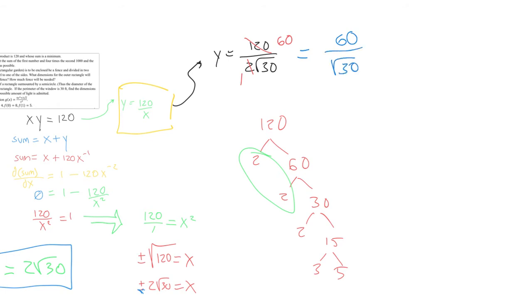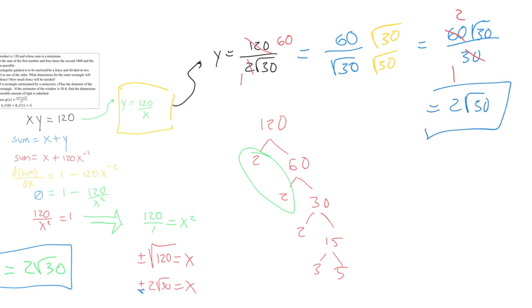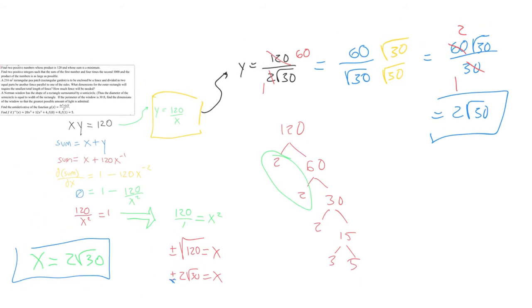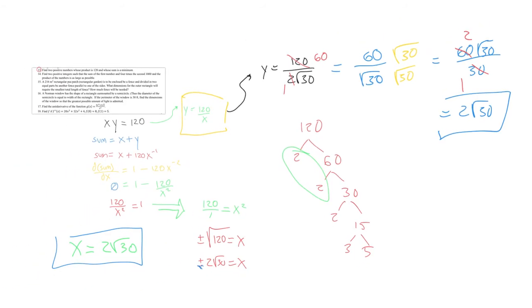It's often the case we don't want radicals in the denominator, so we can rationalize the denominator, and as a result, this would become 60 radical 30 over just 30, and then I think everyone would agree that could become a 2, that could become a 1, and therefore we have 2 radical 30. So that's the other number, y. Therefore x equals 2 radical 30 and y equals 2 radical 30.